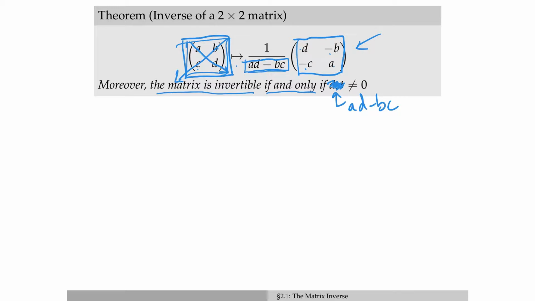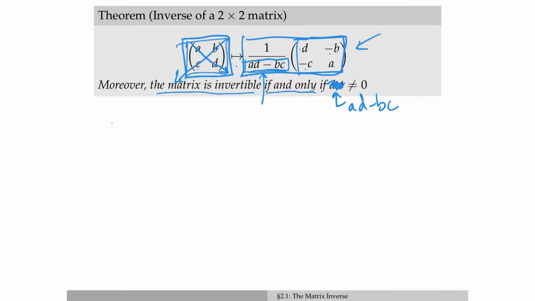So it's kind of interesting that arithmetic, namely AD minus BC, is what actually can be used to give a litmus test for invertibility. Now we know inverses are unique, so this thing I've written here is indeed the inverse if the inverse exists.